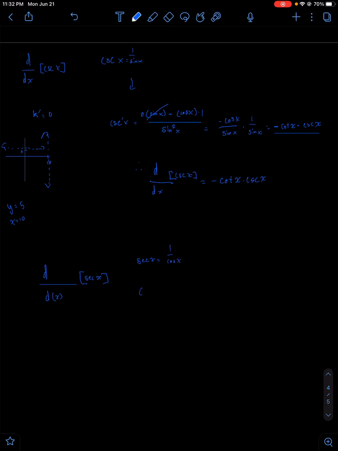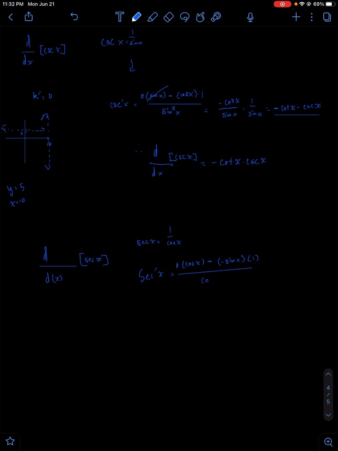So our derivative of secant x is equal to 0 times cosine of x minus negative sine of x times 1, all over cosine squared of x, which yields negative sine of x over cosine of x times 1 over cosine of x, and that's equal to negative tangent of x times secant of x.